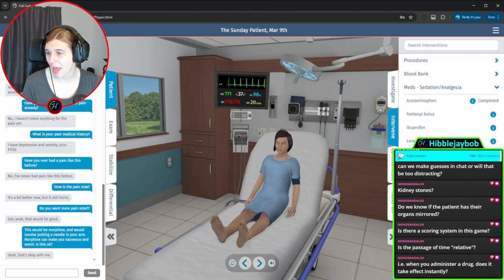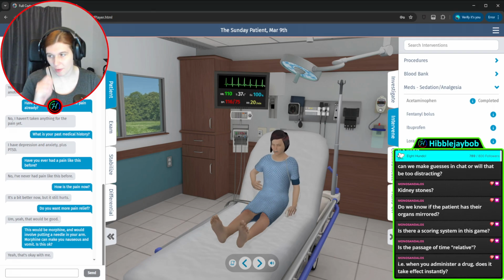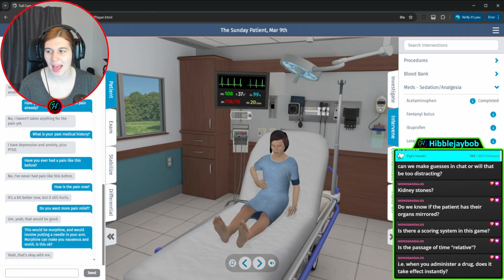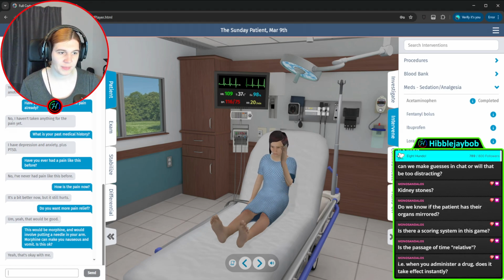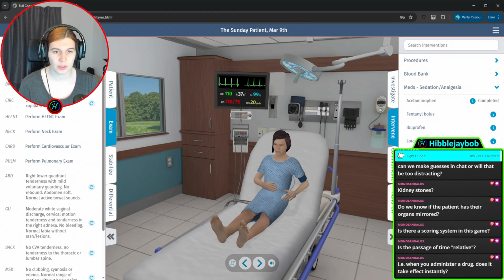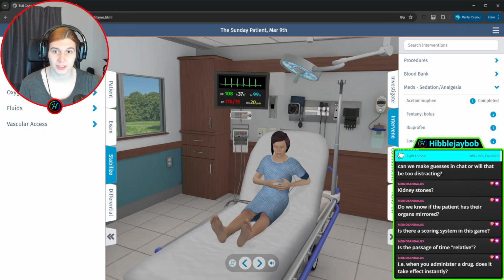We've explained. Is the passing of time relative? Does it take effect instantly? I don't know about that one. We'll keep an eye on that and see. She is okay with getting an IV. So let's go to the stabilize section and insert an IV.